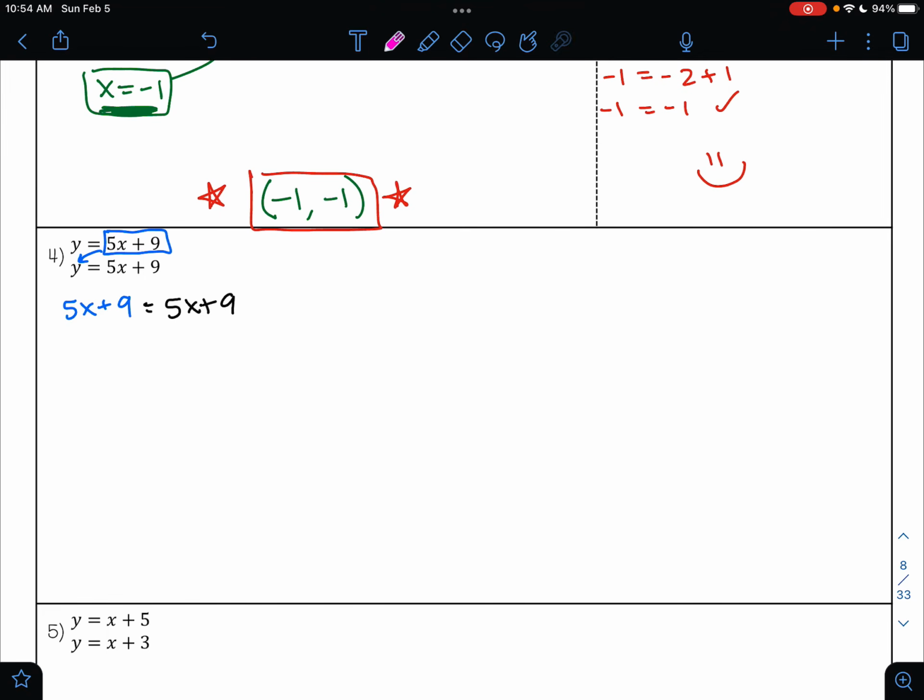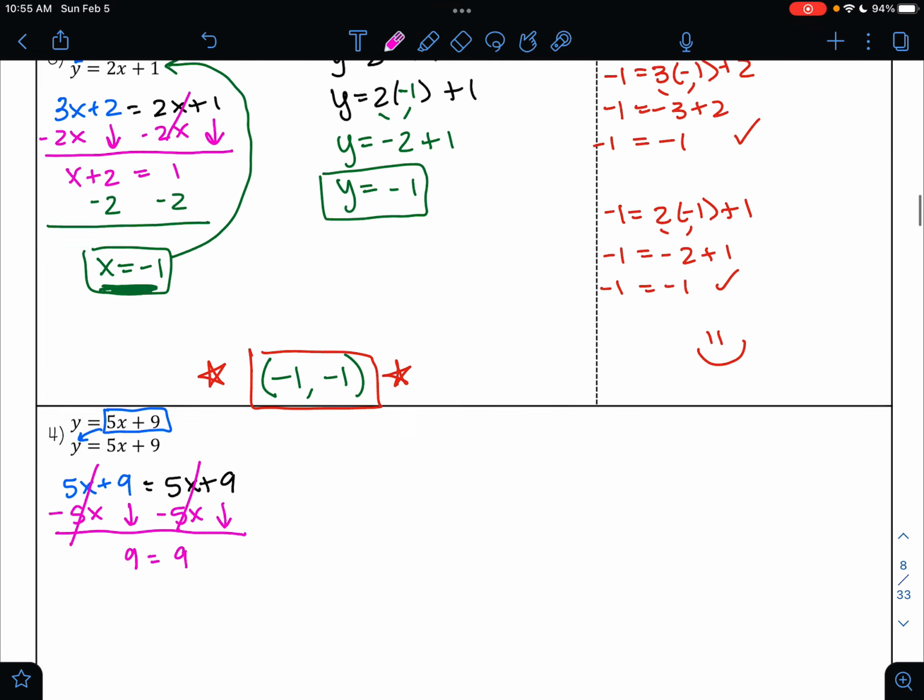Next, I notice that I have x's on both sides of my equal sign, so I want to get them on the same side. So I'm going to choose to subtract 5x on both sides. 5x minus 5x cancels. I'm going to bring down my 9 and my equal sign. 5x minus 5x is 0, and I'm going to bring down my 9.